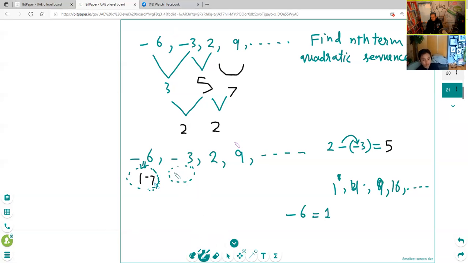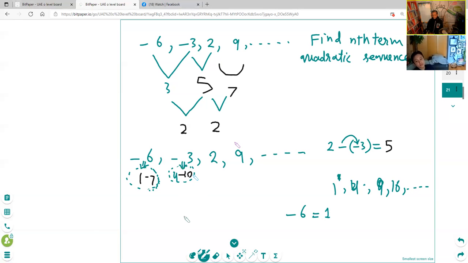Now write 4. You should add or subtract a number with 4 and you will get again minus 3. But the answer, you understand, 4 minus 10 is minus 6, but we need minus 3.